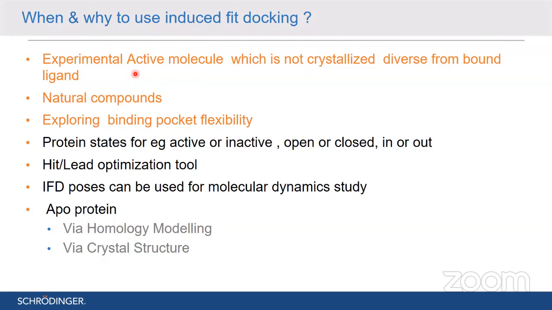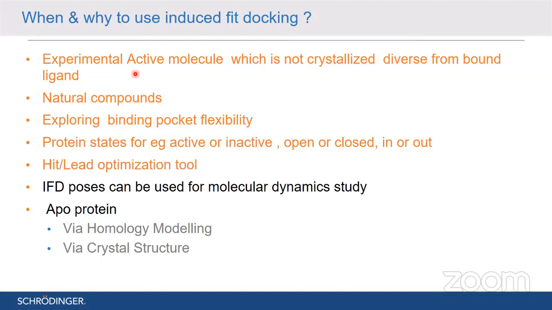What are the different sizes of pocket it can take, and whether my ligand will be consistently available in the binding pocket. Those things it checks. This is also pretty famous: if your loop of concern has an active form, inactive form, open form, closed form, in form, out form, that can also be explored if you correctly select the loops of your interest.